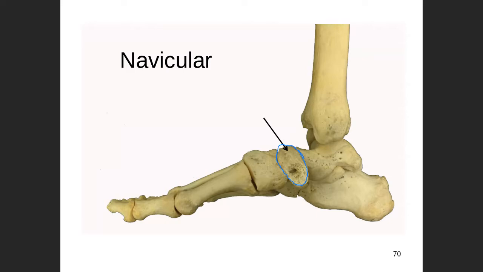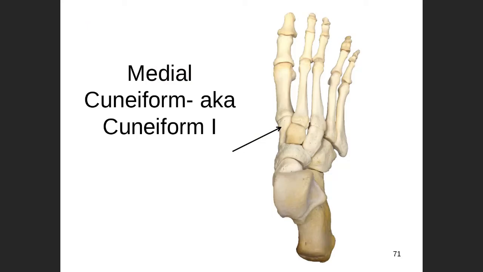Okay. All right, let's do the distal row. Okay, so here's the distal row. Here's the first one. Now on my test, I'll allow you to use cuneiform 1, Roman numeral 1. You don't have to write out medial cuneiform. If you want to, it's up to you. All right, so medial cuneiform or cuneiform 1 is going to articulate with metatarsal 1. This is Roman numeral 1. This is 5.